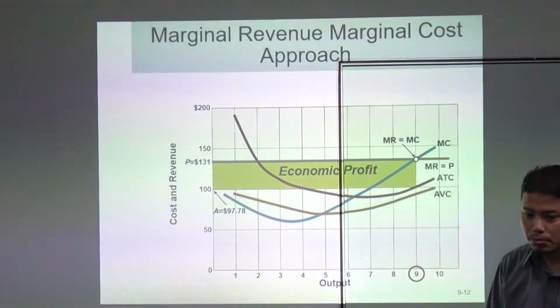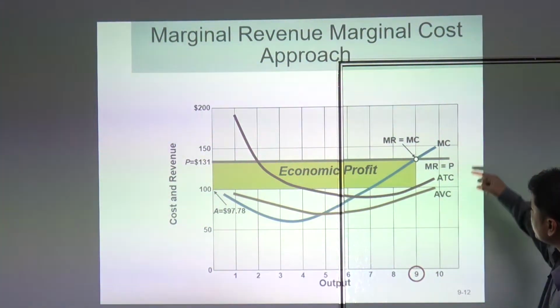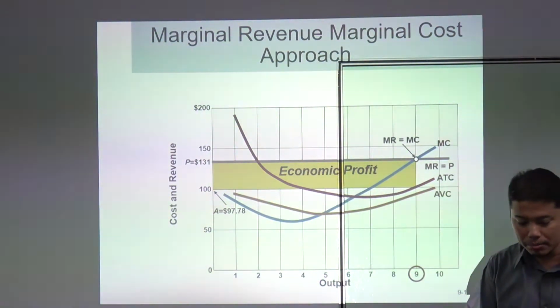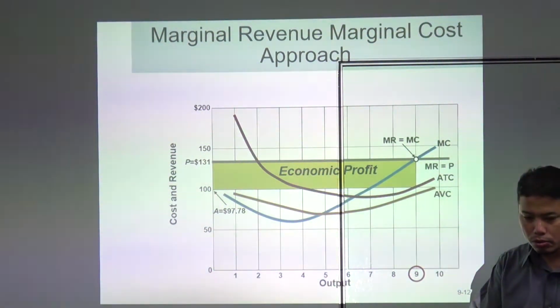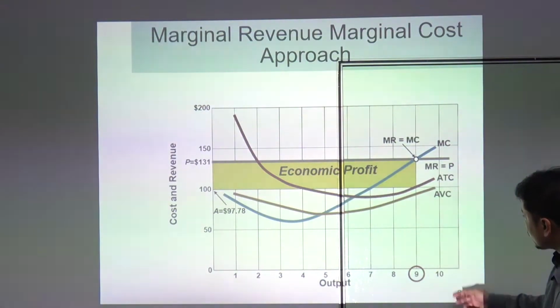Okay, and then compare between price and average total cost. Step number 2 and number 3 we can also switch. You can use step 3 as step 2 or step 2 as step 3. Okay, so let us use the second one first.